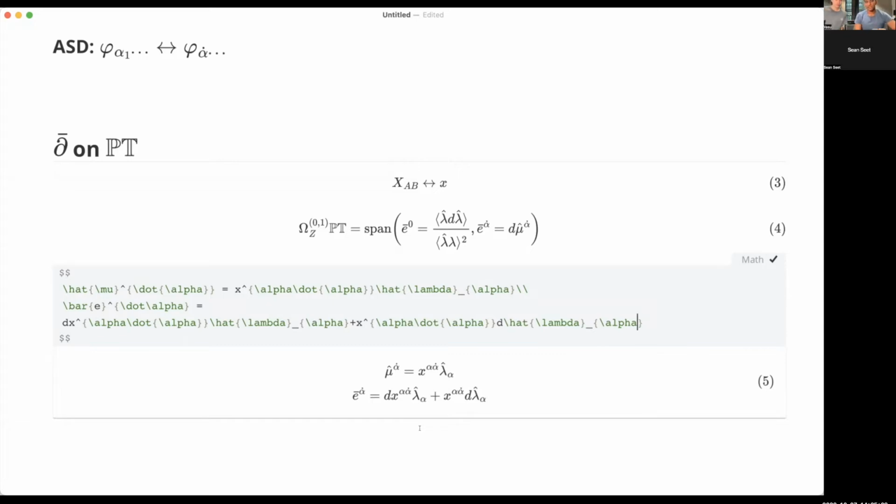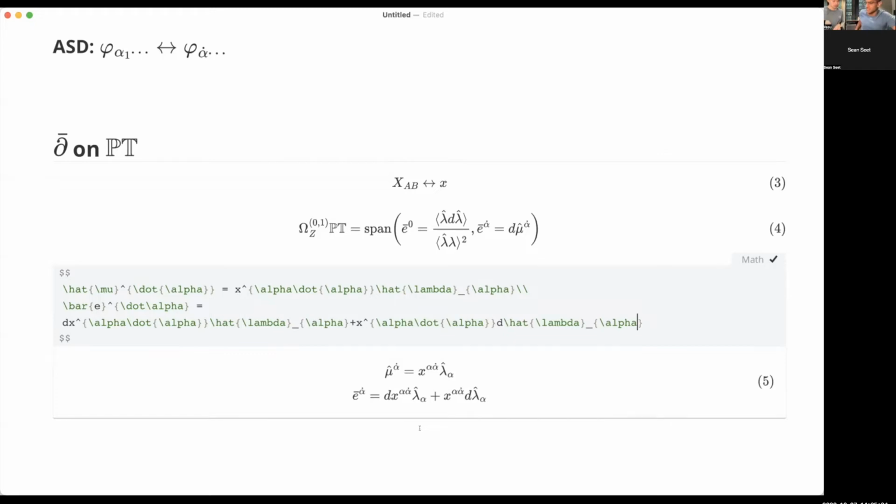You mentioned this. The idea is that you have lambda parametrizing CP1, and then you have mu dot parametrizing C2, which is basically like the complexification of R4. So the idea is that we're really looking at the Euclidean signature.